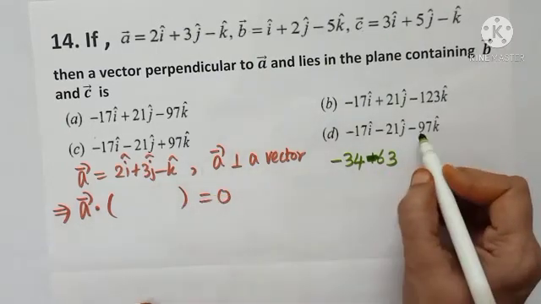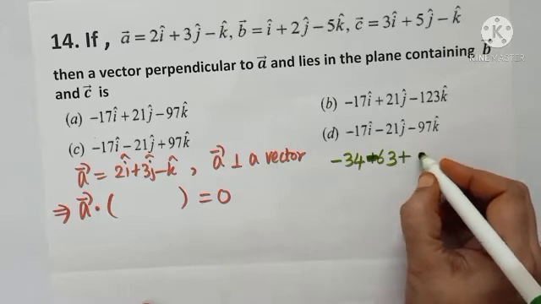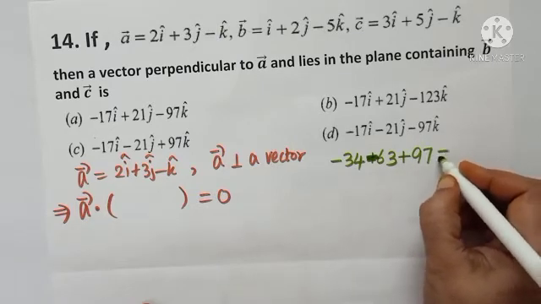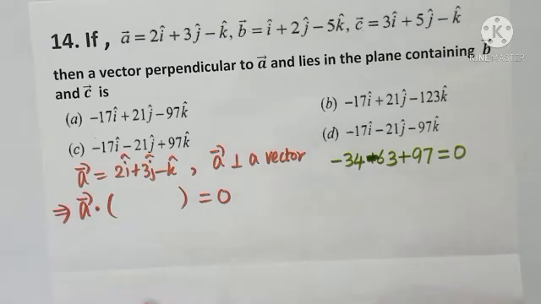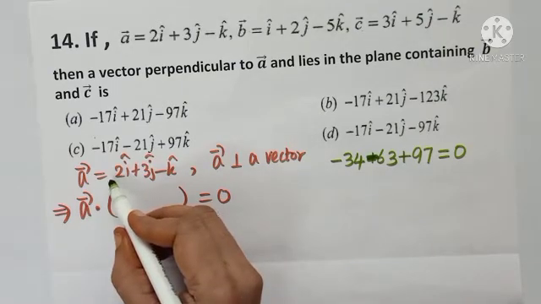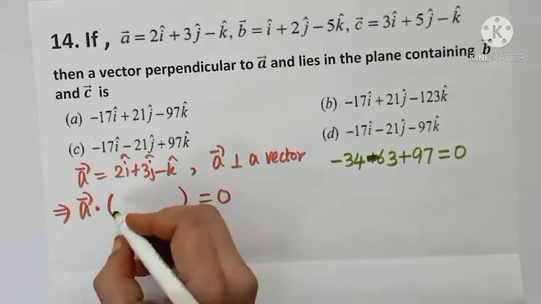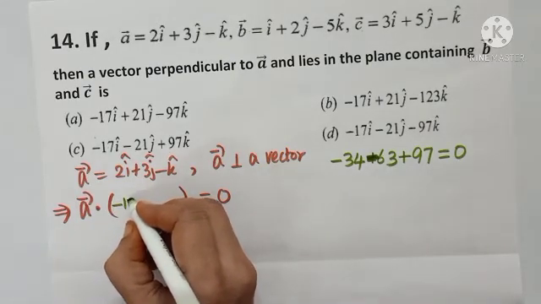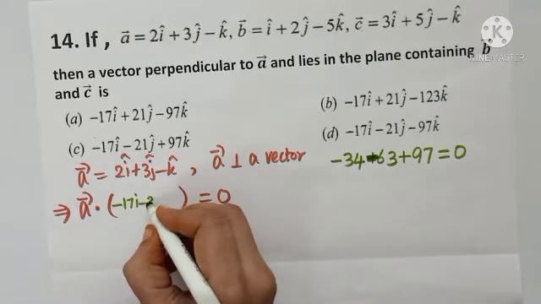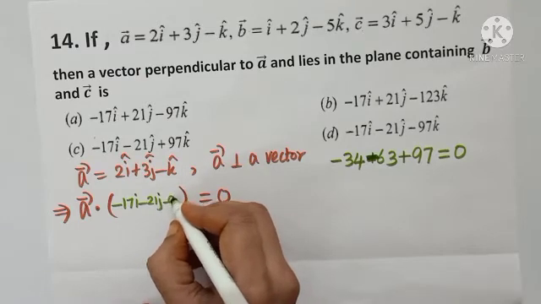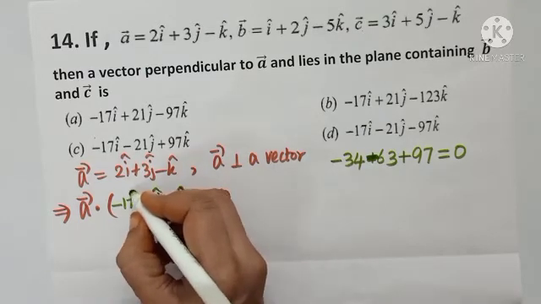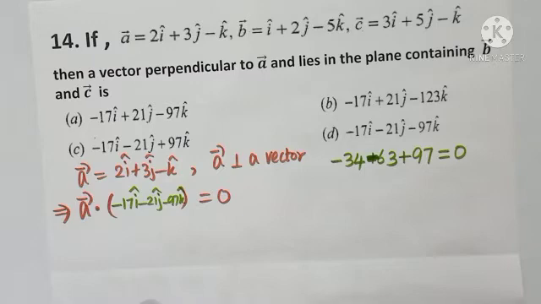Minus 1 into minus 97 gives me plus 97, which gives rise to 0. So A dot this D option gives me the right answer. So A dot minus 79 minus 21J minus 97K gives me 0. So the right option must be D.